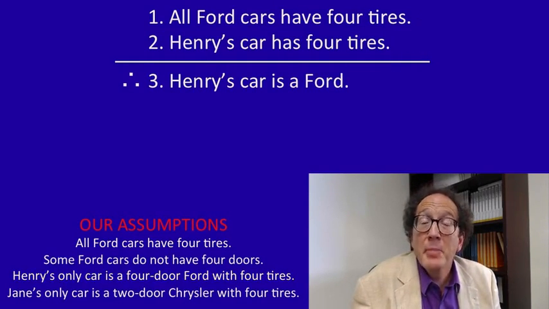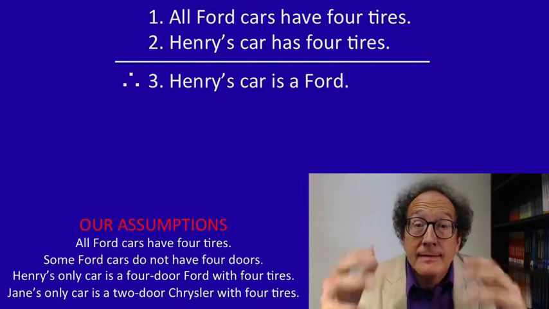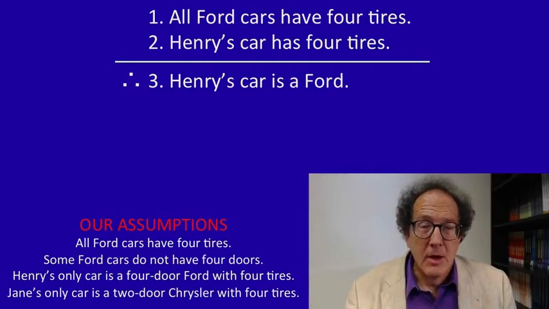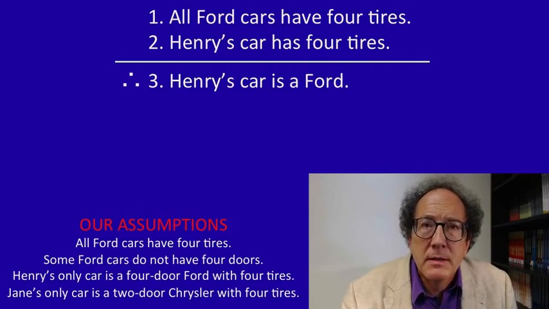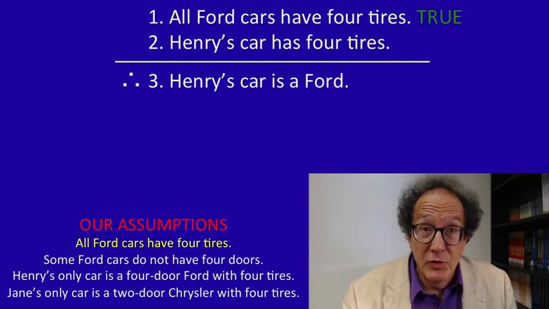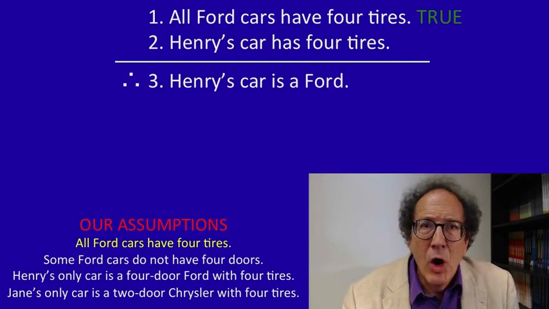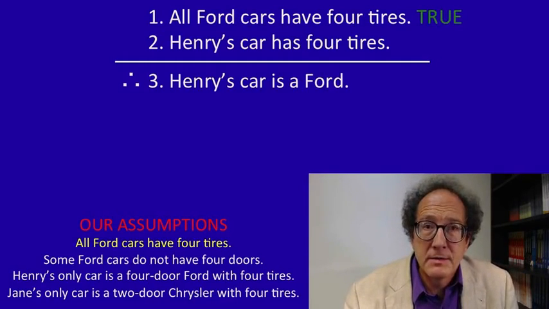But is it possible? Is there any way to tell a coherent story where those premises are true and the conclusion's false? Yes, absolutely. All that has to happen is that Jane and Henry switch cars. Then the first premise can be true because all Ford cars have 4 tires.